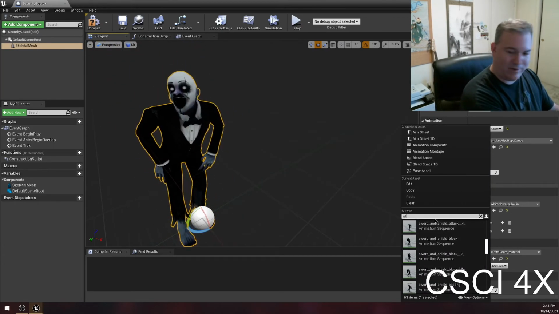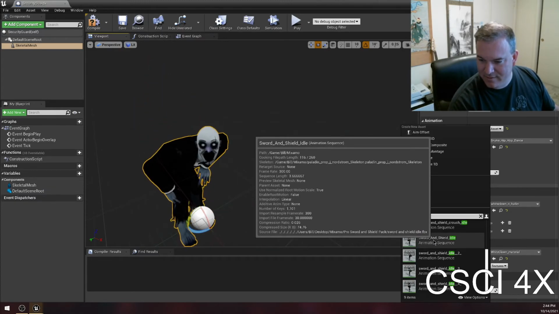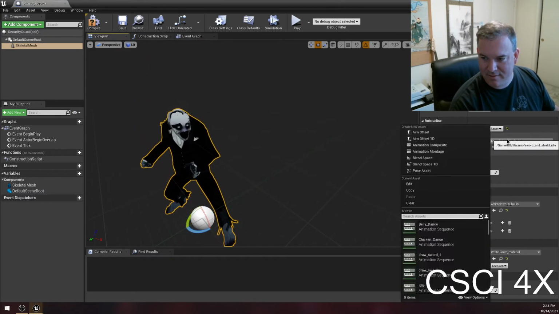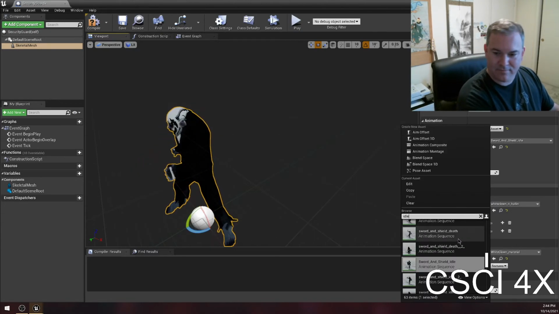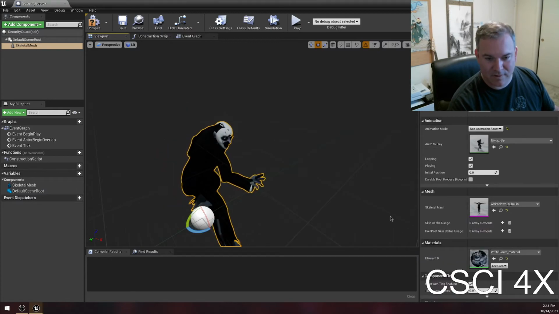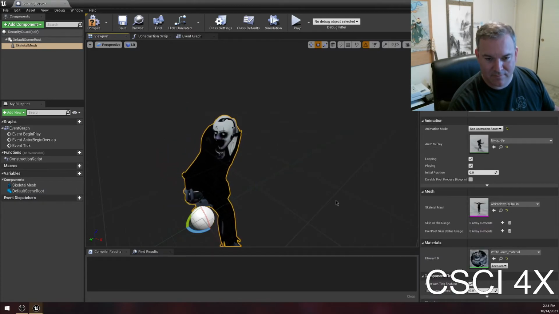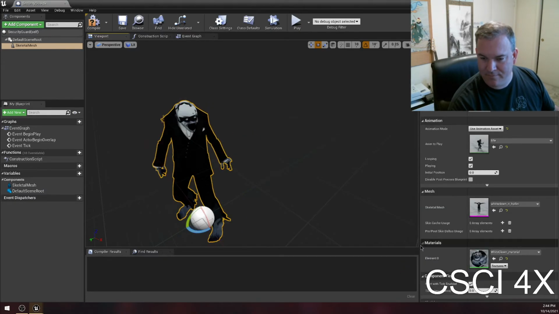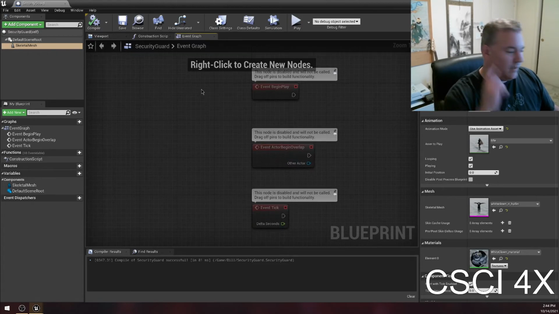Let's do an idle animation. We'll just do that, so we know which way it's looking. Okay. This isn't the point anyway.